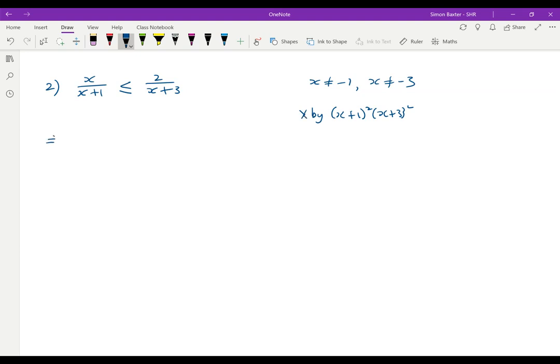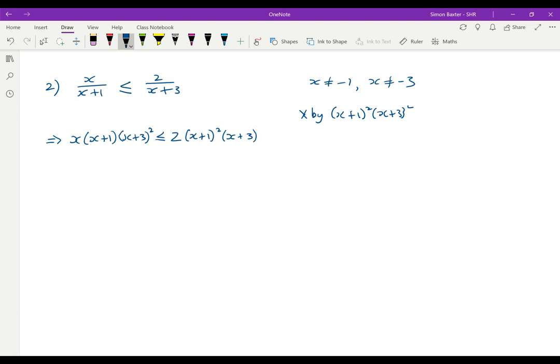If we do that, we will get x, multiplying by x plus 1 squared, I'm left with x plus 1 on the top. Multiplying by x plus 3 squared, I get that, less than or equal to 2, multiplying by x plus 1 squared. Multiplying by x plus 3 squared, one of them cancels.